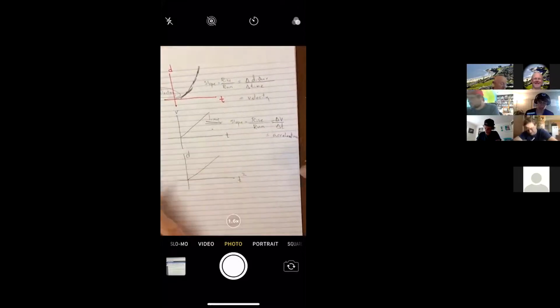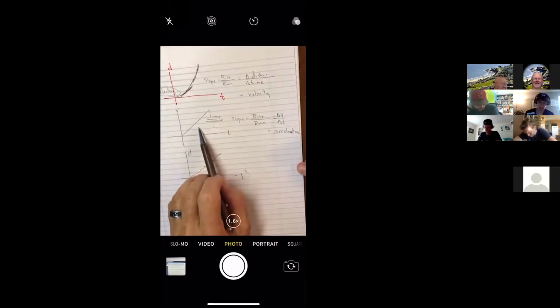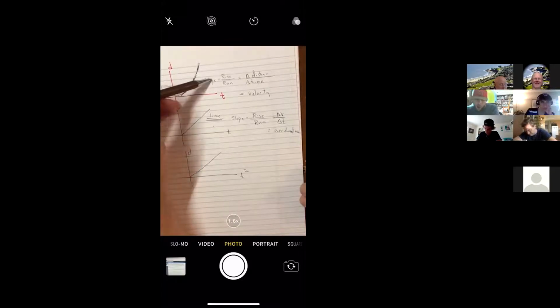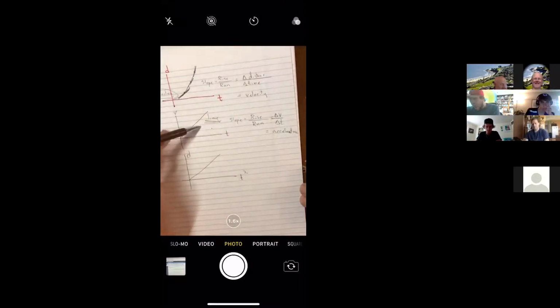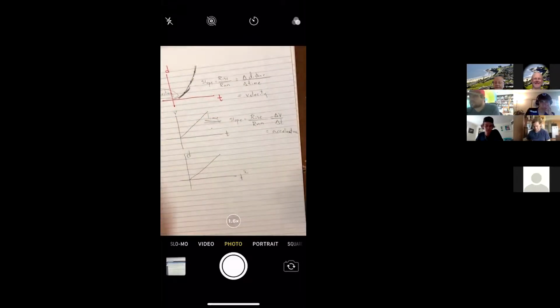The best answer to question number 5 is the slope for this type of graph gives me acceleration. And hopefully you see that same kind of logic in step 2. In step 2, the slope gave us velocity, but in step 5, because we're looking at a different graph, the slope gives us the acceleration.